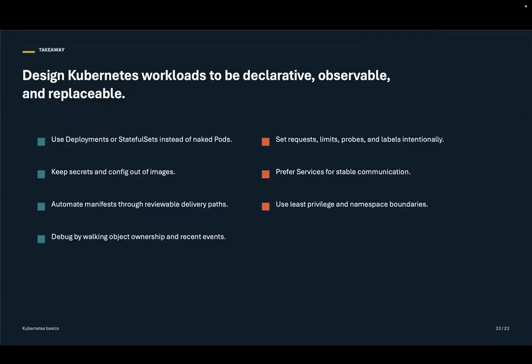We have to use top-level resources like deployments, stateful sets, daemon sets, jobs, etc., instead of pods. These top-level resources set requests and limits intentionally, and we also define startup, liveness, and readiness probes based on application behavior, and keep configuration and secrets out of the images.